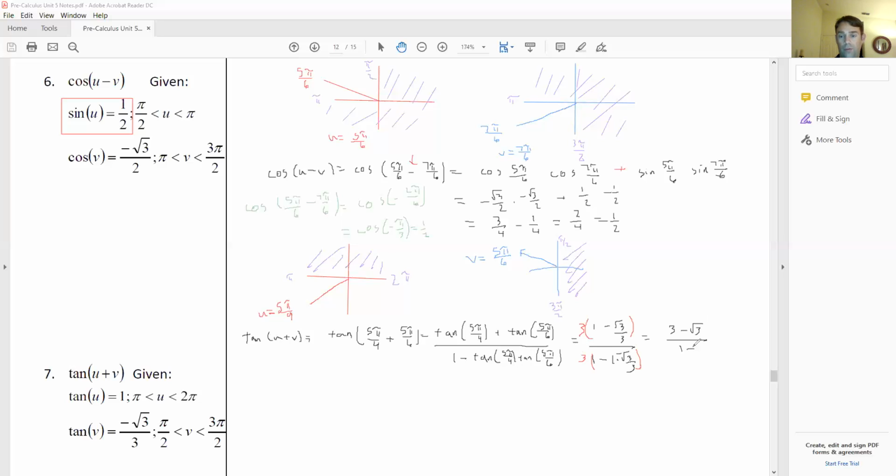So that makes that a plus. 1 plus root 3 times 3. All right, so that's a good answer, but we can clean it up a little bit because if it's on the multiple choice, we're going to want to clean that up just a tad here because we probably won't have any denominators left.